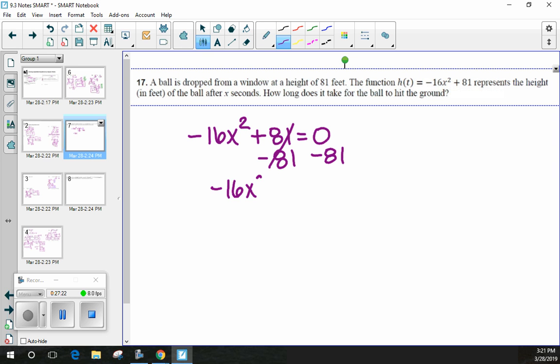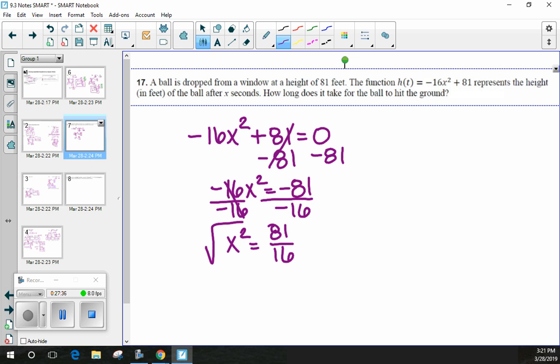So that leaves us with a negative 81. Divide by the negative 16. You get x squared is equal to 81 over 16. And then to get rid of the power, you take the square root of both sides. That cancels that. So x is going to be equal to the square root of 81 over 16, which is 9 over 4. You might notice I don't have the plus minus in front of that this time because it's a word problem.